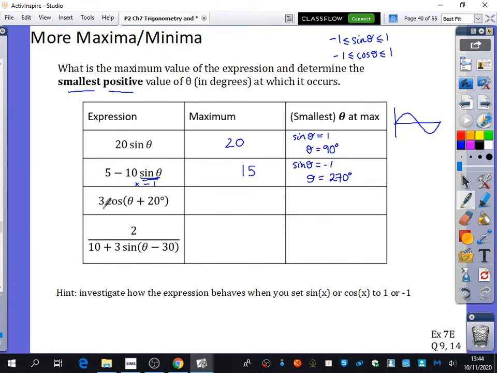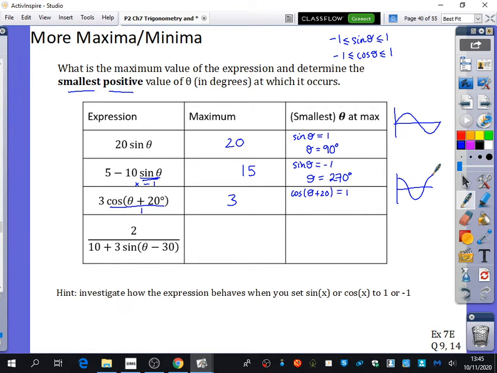What's the overall maximum of this one that we've got here? Anyone? 3. It's just 3, right? Because cos can go between 1 and minus 1. And so we're going to make this overall thing be as big as possible. So what we're actually going to do is we're going to make cos of theta plus 20 be equal to 1. Now, when you think of the cos graph, when is cos equal to 1?